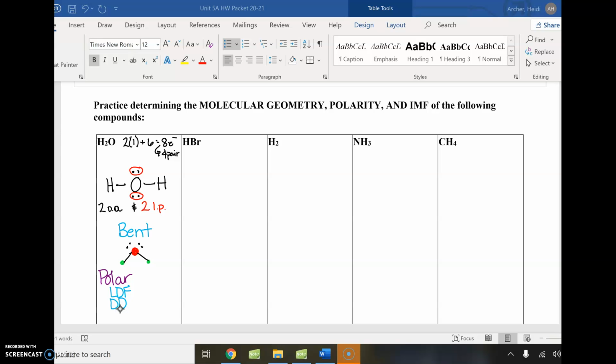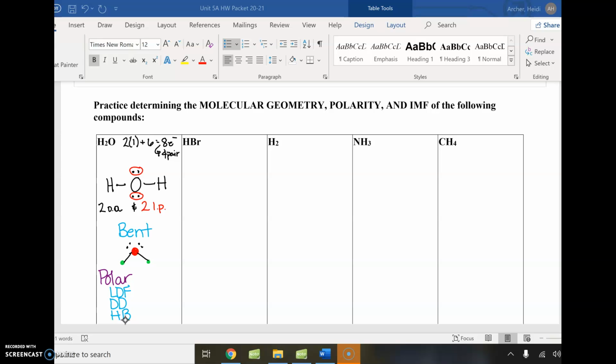And then lastly, we check for the special case of hydrogen bonding. We ask ourselves, do we have hydrogen? The answer is yes. And is it bonded with either nitrogen, oxygen, or fluorine? And the answer is yes, because hydrogen here is bonded with oxygen. So in this case, we also have hydrogen bonding. So for this example, that is everything that we can know about it.